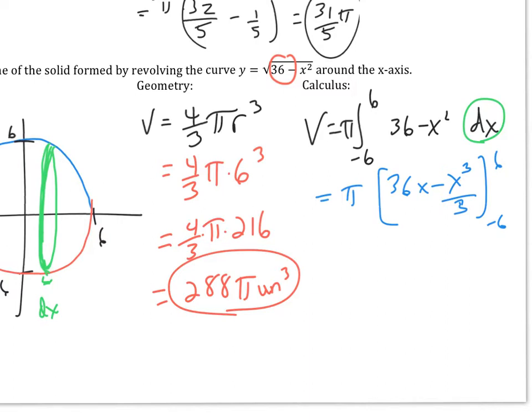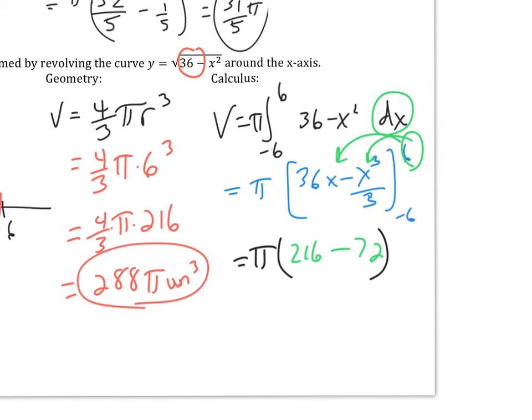So once I integrate, I'm ready to substitute in my 6 and my -6. So first, let's substitute a 6 in here for my x. So I'm going to end up with pi times 36 times 6 gives me a 216 minus 6 cubed over 3 is 72.